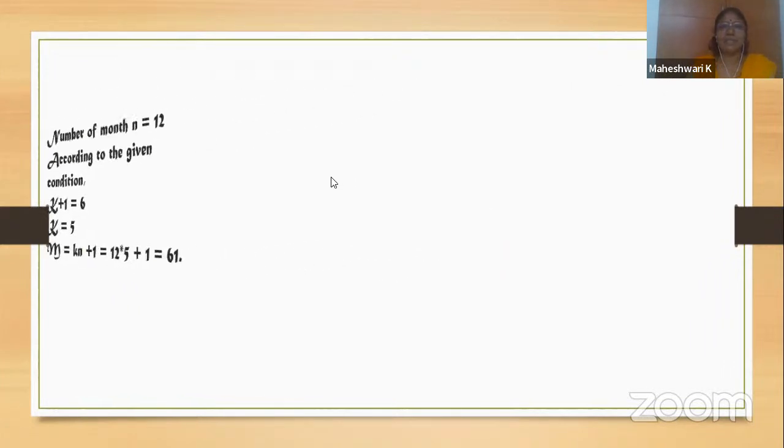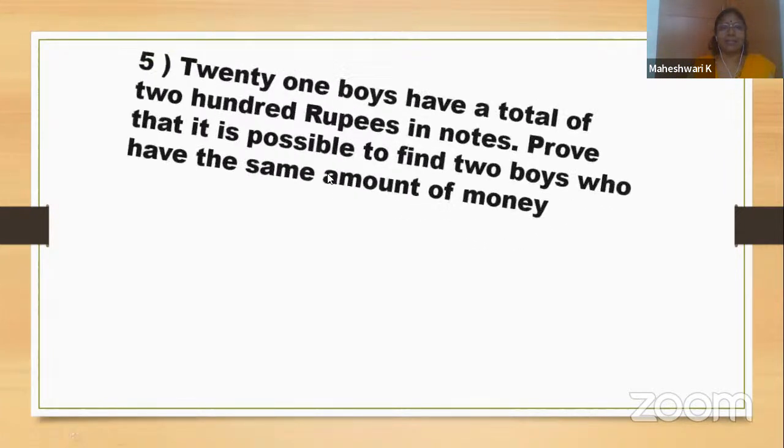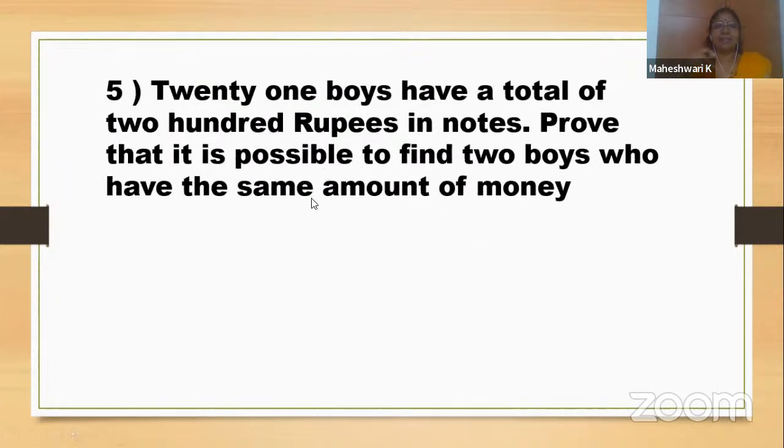I'll go ahead with the next example. Now we have 21 boys having a total of 200 rupees in notes. Here you need to prove that it is possible to find two boys who have the same amount of money.